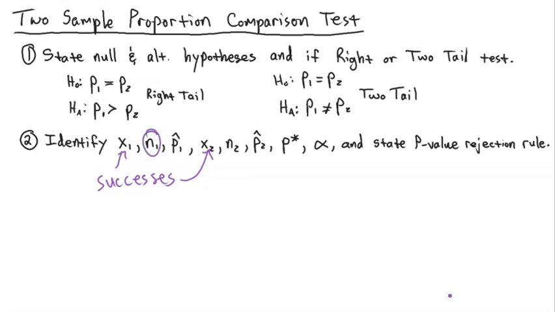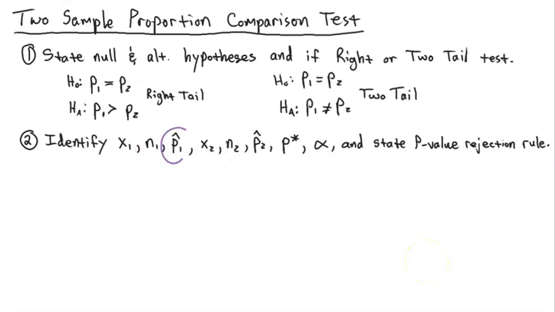Then we have n1, that's the sample size, how many observations, and n2 is also the number of observations, but for population 2. And then here's the alpha. And here's what I want you to know. x1, n1, x2, n2, and alpha are all going to be given to you. All 5 of those pieces of information will always be given to you.